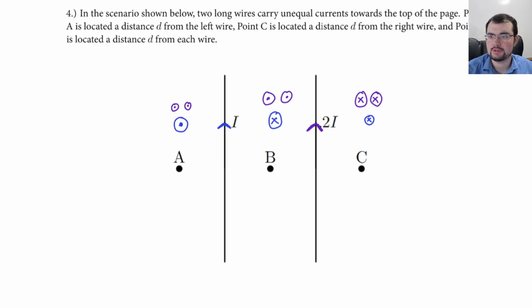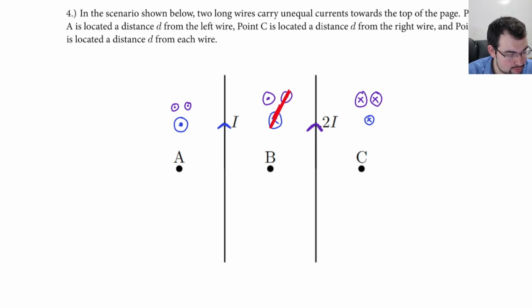Okay, so this is actually enough information to tell us what the fields add to. So notice first that the lowest is going to be B, because these 2 cancel, and I'm just left with a normal sized circle. Whereas at A, I have a normal sized circle and 2 little ones. And at B, I have a little circle and little x and 2 normal sized ones.